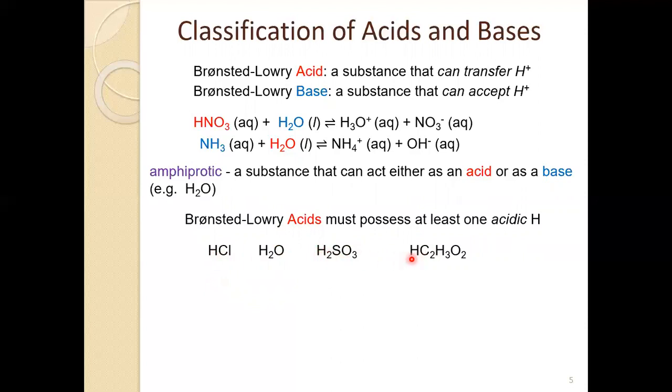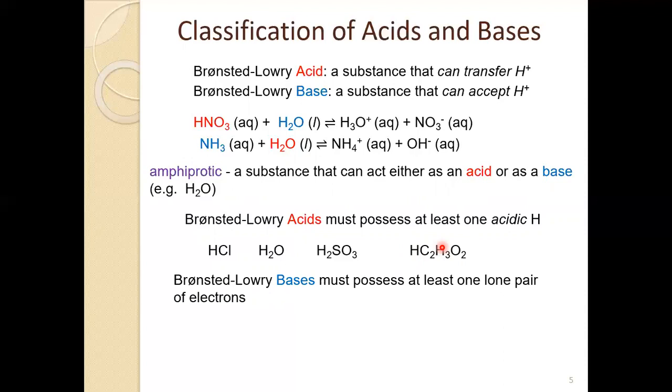Whereas acetic acid does have four hydrogens, this one and then these three, we write the formula this way to indicate that, yes, it does have four hydrogens, but because of its structure, because of how those hydrogens are bonded to the rest of the molecule, only one hydrogen, this hydrogen, is the acidic hydrogen. It's able to actually donate it to water or other bases, whereas these three hydrogens are not able to be donated.